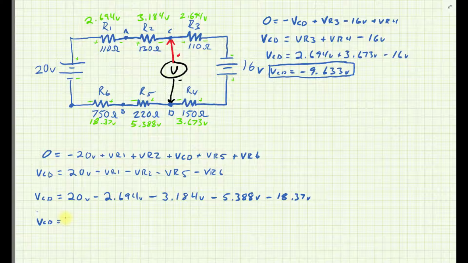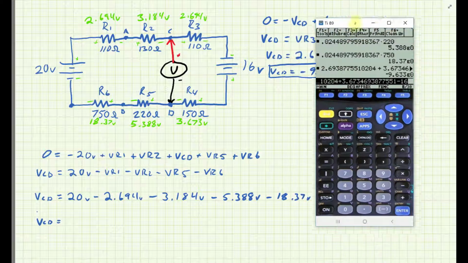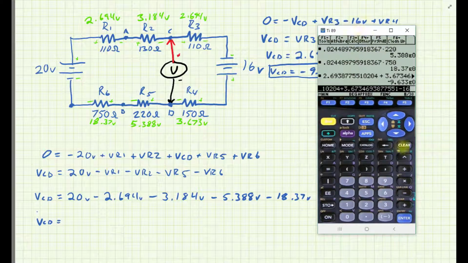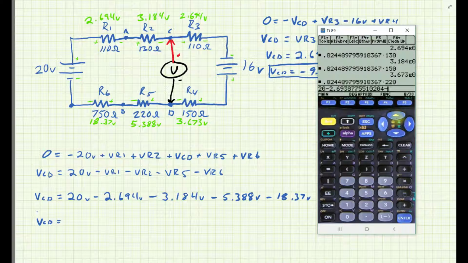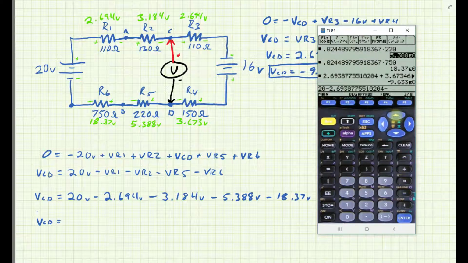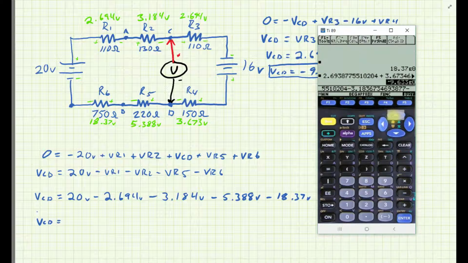So let's see what VCD equals. Get the calculator back here, clear out my old one. So 20 minus, I'll just jump up there and get those numbers. 2.694 minus 3.184 minus 5.388 and minus 18.37.